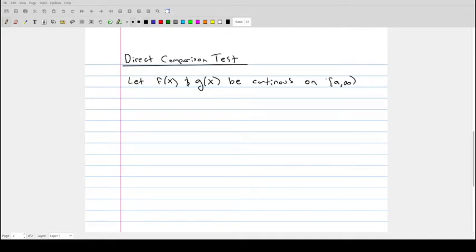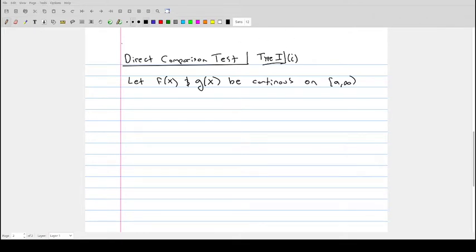Now it's important to note that the way we're going to do the test is for improper integrals of type 1, specifically type 1i, on intervals from some value a to infinity. But these tests, the direct comparison test and the limit comparison test, apply for all different types of improper integrals. We can modify these tests to deal with improper integrals of any type.